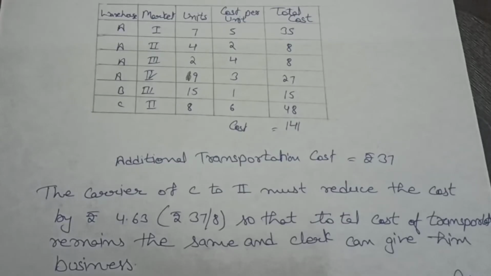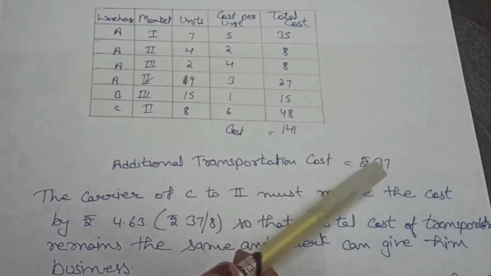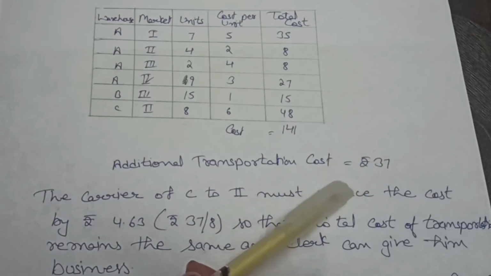So you can see if the courier of C wants to take the order, then he should reduce the cost by rupees 4.63, because we have to deduct this 37.